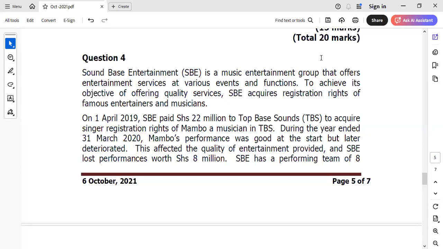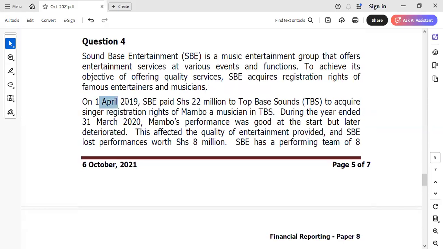Okay, that offers entertainment services at various events and functions. To achieve its objective of offering quality services, SBE requires registration rights of famous entertainers and musicians.